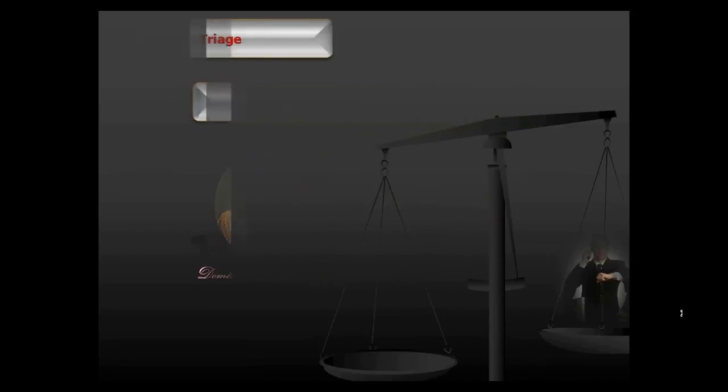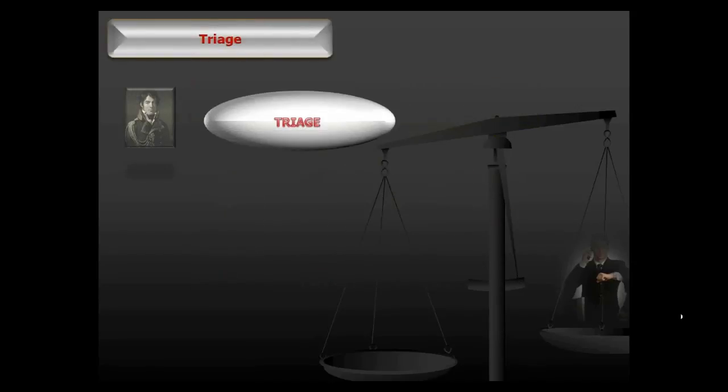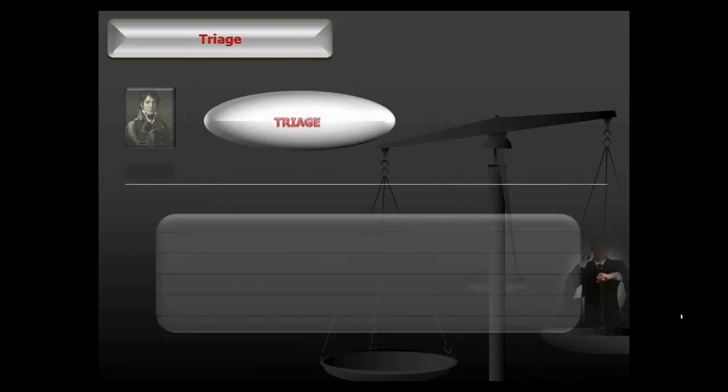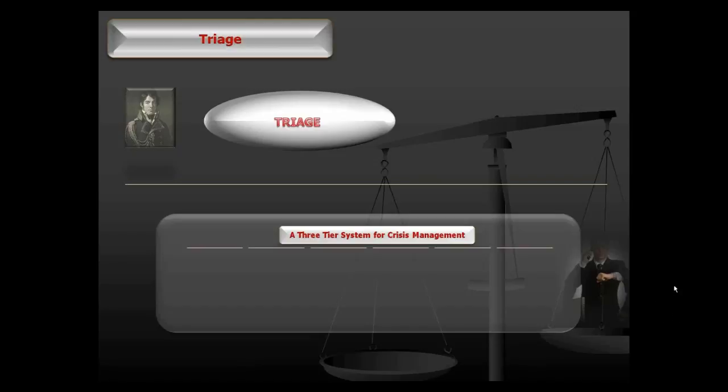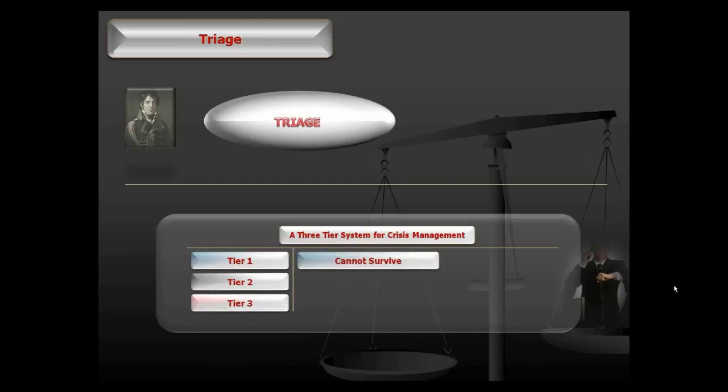The triage system is a 3-tier system for crisis management. Initially, it was designed for casualties in war, but since then it's also been adopted to time management. Tier 1 is a patient who can't survive.